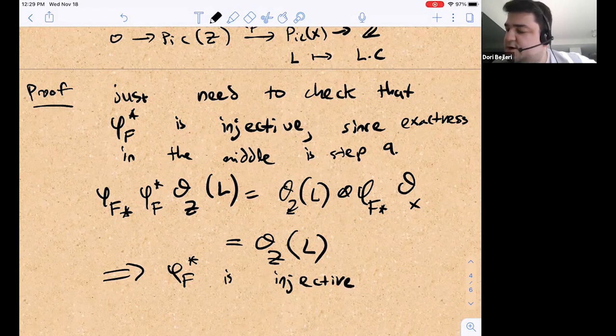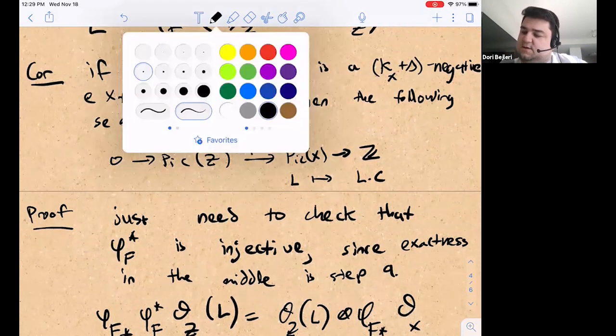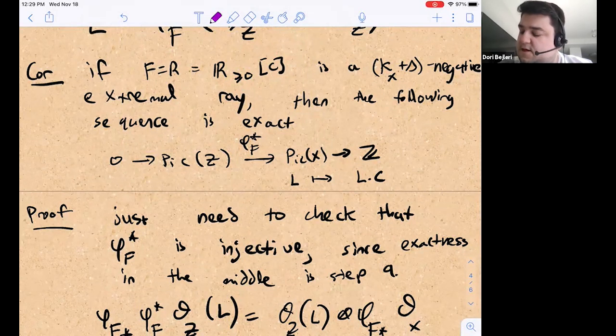Okay, so that's a nice corollary, and the reason we wanted to single out specifically the extremal ray case is because then we get the following equality that should look a little familiar, which is that in particular the Picard rank of Z is the Picard rank of X minus 1.